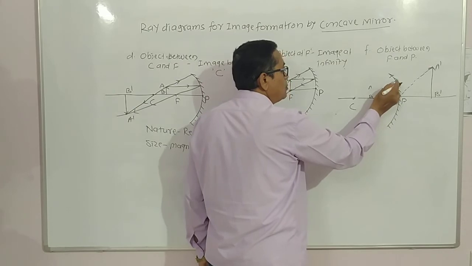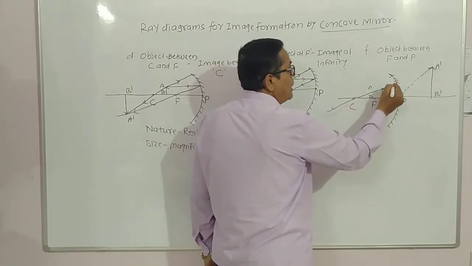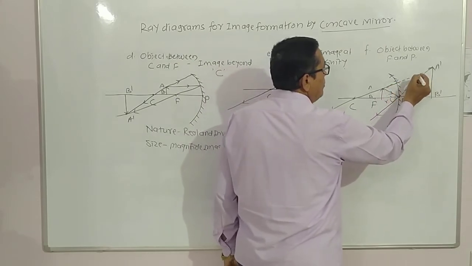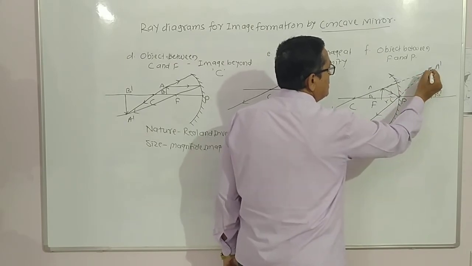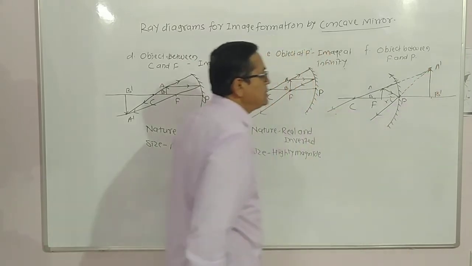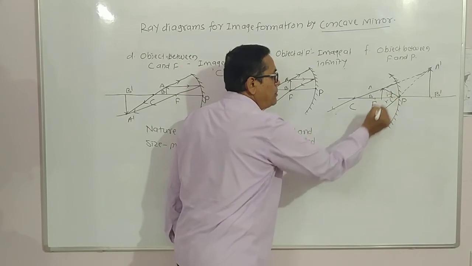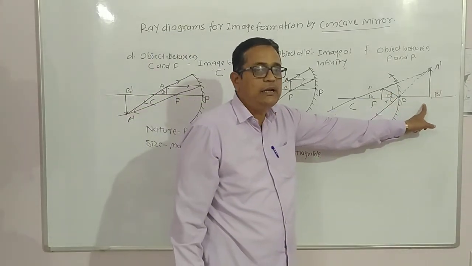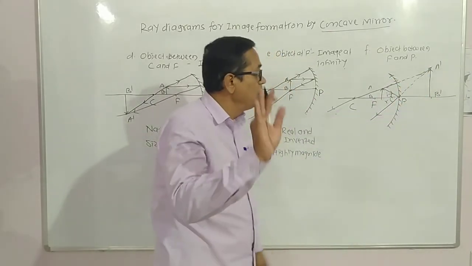We use the third rule in this way, and these two light rays extend and meet behind the mirror, and here is the position of image. A dash B dash is the image. Means in this way there is diagram number 6, and here nature of image is virtual and erect. It is above the principal axis and behind the mirror.